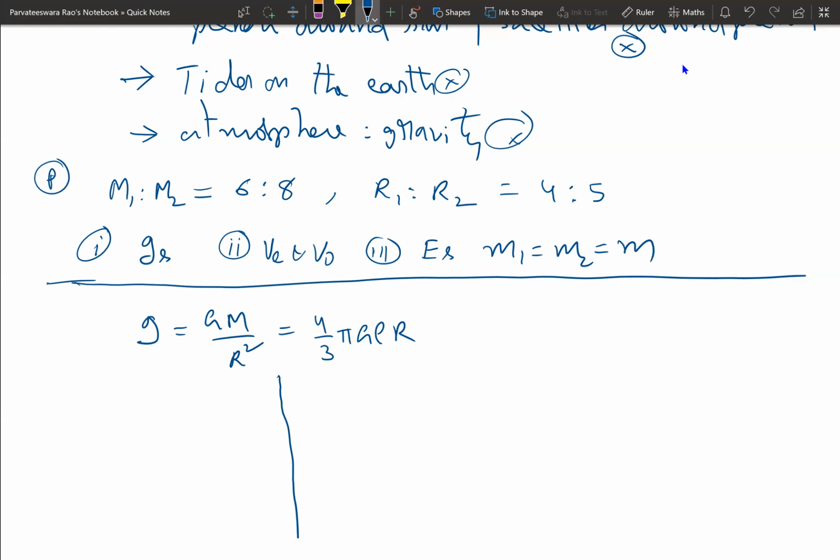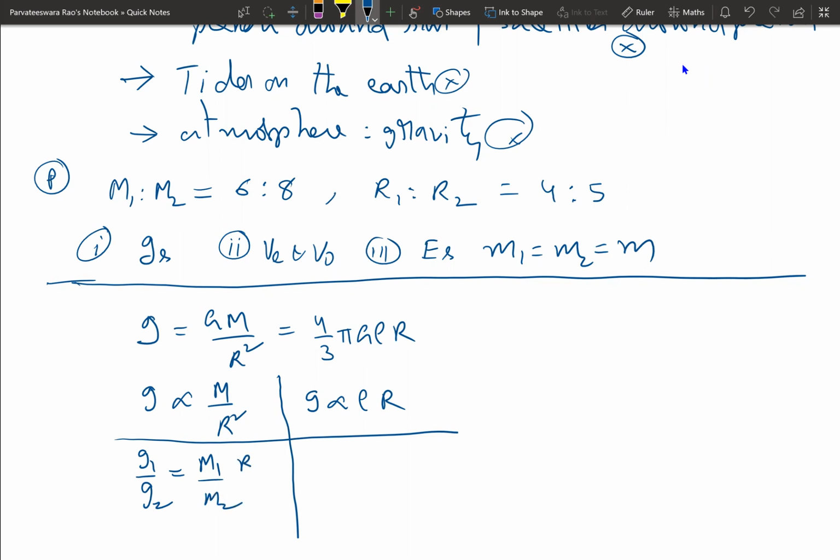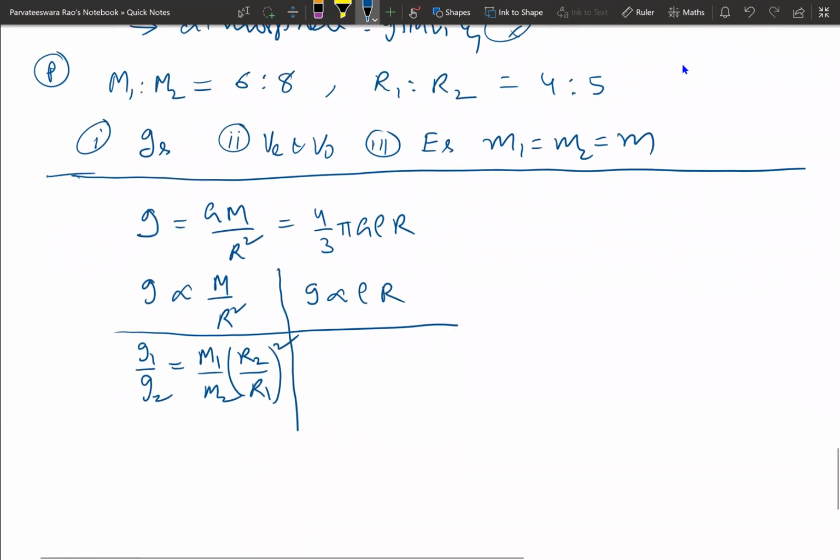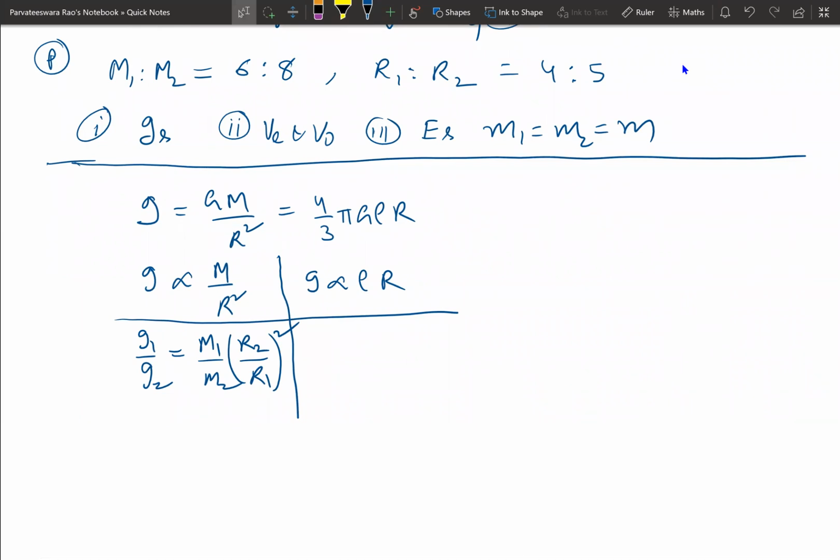So here, g varies as M by R square. g varies directly as rho R. That capital G is constant, 4 by 3 pi are constants. So from this I can write g1 by g2 is equal to M1 by M2 into R2 by R1 whole square. Correct? Yes, sir.